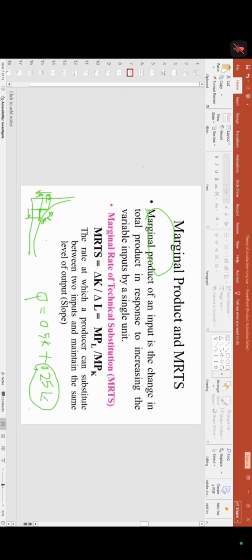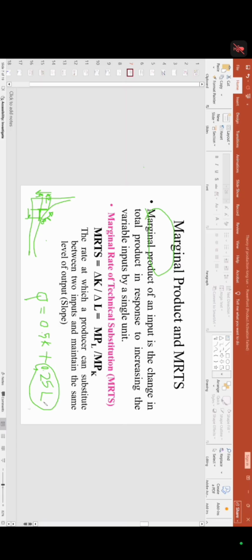So that represents like this. If you are increasing 1 unit of labor, that will increase your quantity by 0.25. Clear? Since it has a positive sign here, it is an increase of your output.